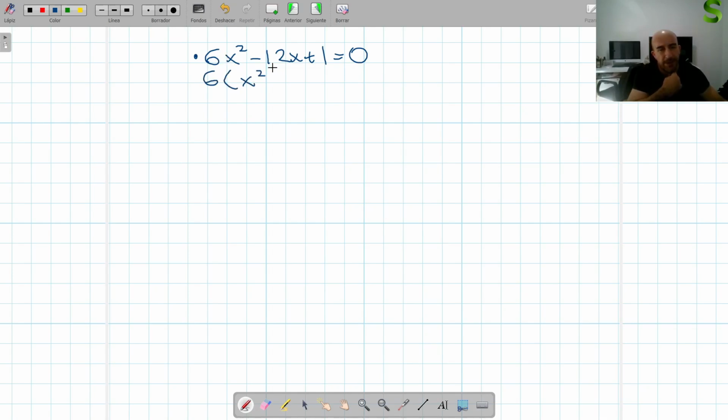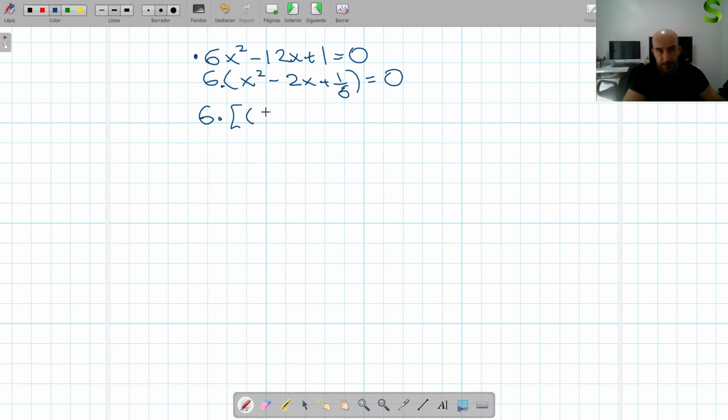So if I factorize this, I obtain 6 times x squared minus 2x plus 1/6. Okay, so follow me. If I multiply 6 times this, I get 6x squared minus 12x plus 1. So that's that. Okay, and then I work with the thing inside the bracket as I did before.